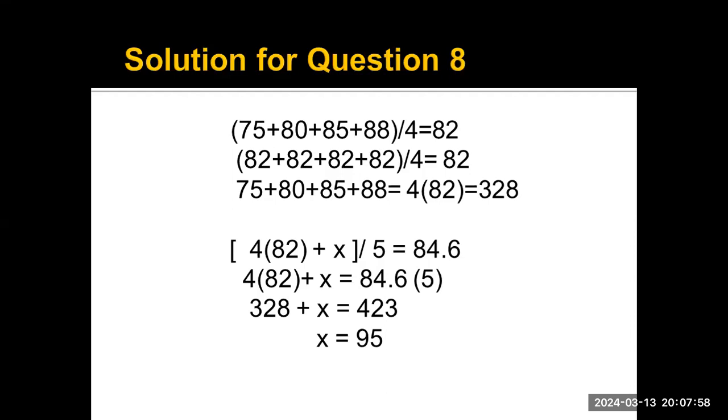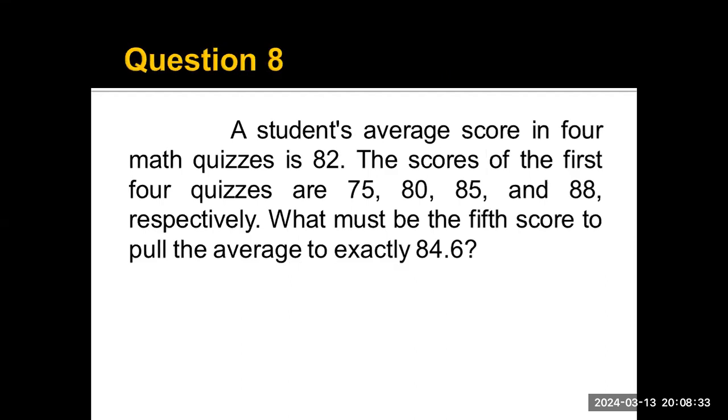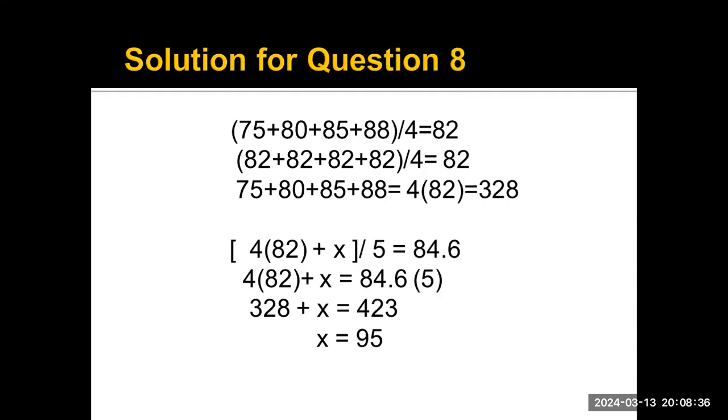So 4 times 82, that means 4 terms already, plus x, the fifth term. That's why you have 4 times 82 plus x divided by 5. We're dividing by 5 because there is another score added to 4 times 82, equals 84.6, the target average.